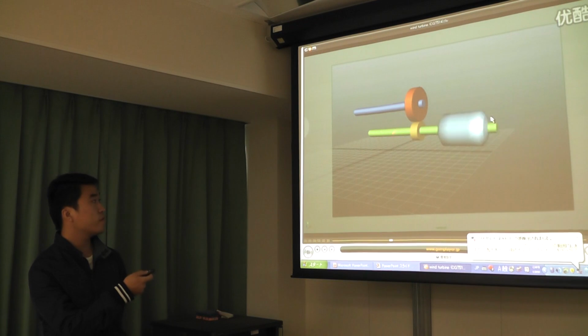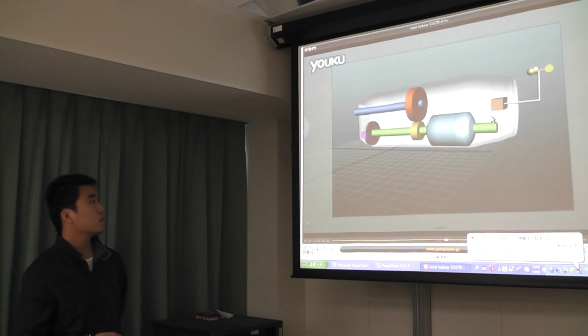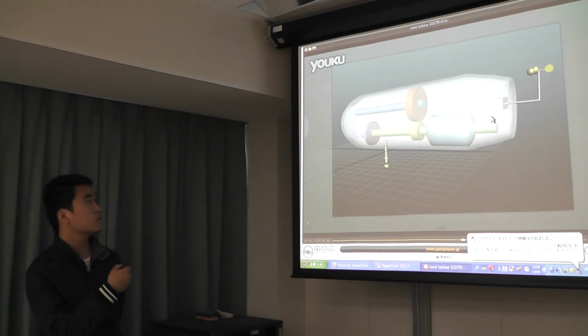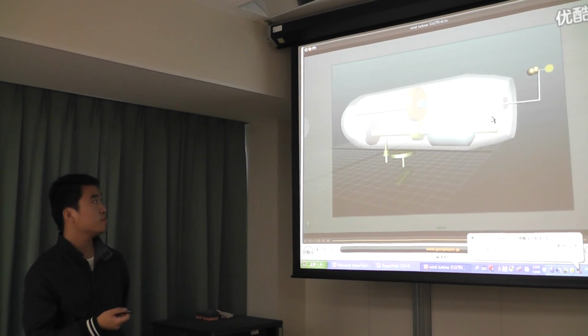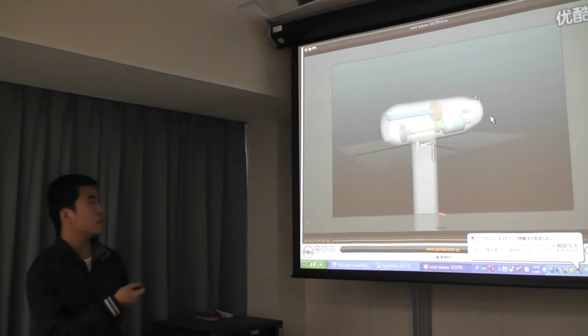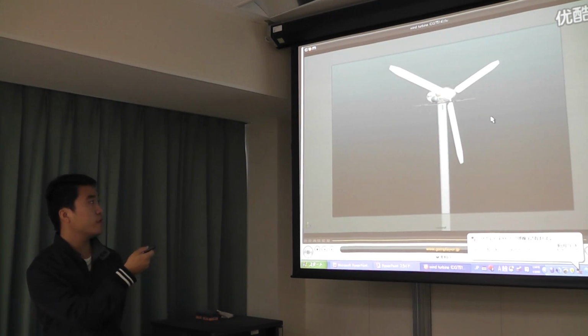So here is the shaft. This one is to measure the wind speed. And this is the tower and rotor. Behind this is the generator and the blades.